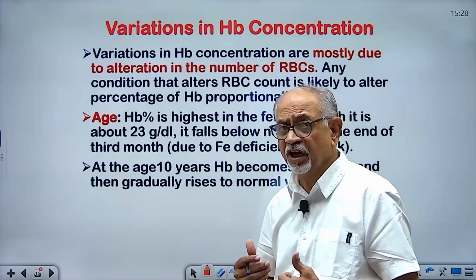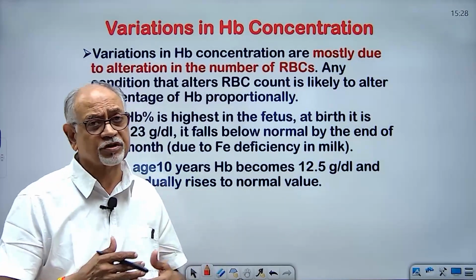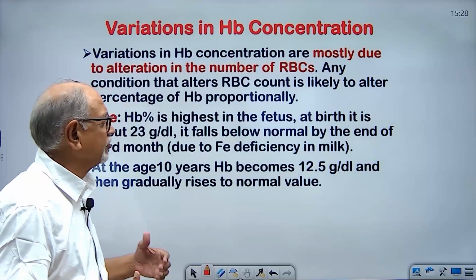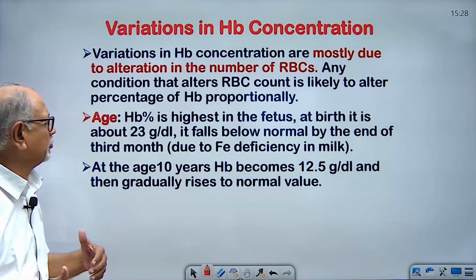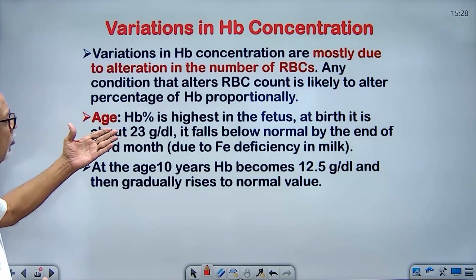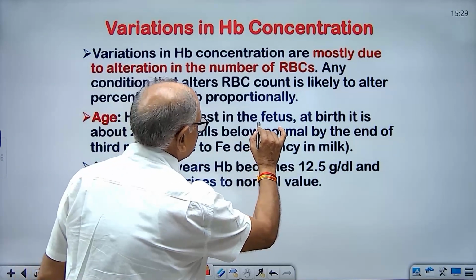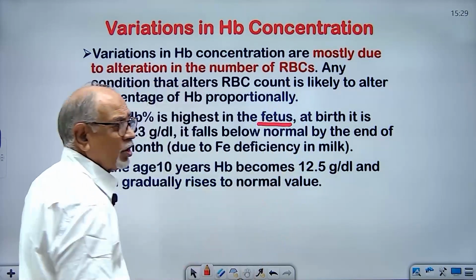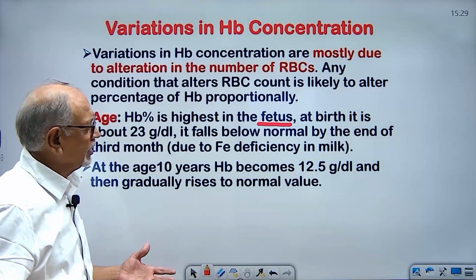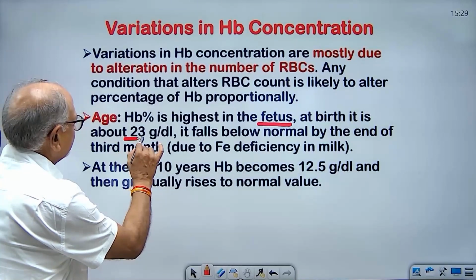As I said earlier, the hemoglobin concentration is directly proportional to the number of RBCs found in the blood. Now, the hemoglobin percentage is highest in the fetus, as we have just seen. It is about 22 gram per deciliter. At birth, it is about 22 to 23 gram.